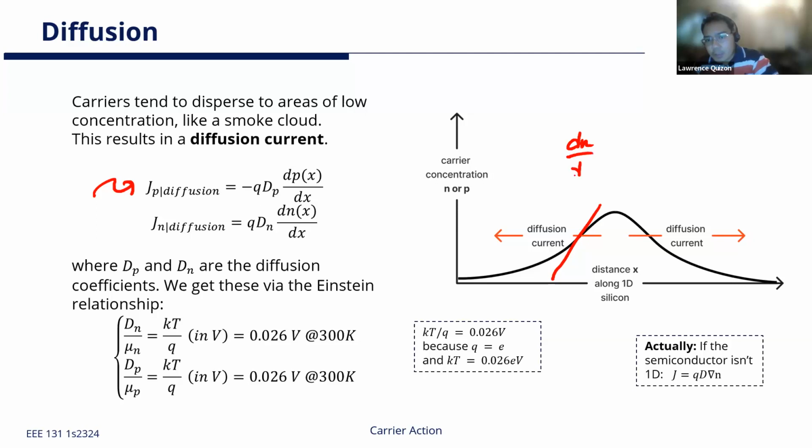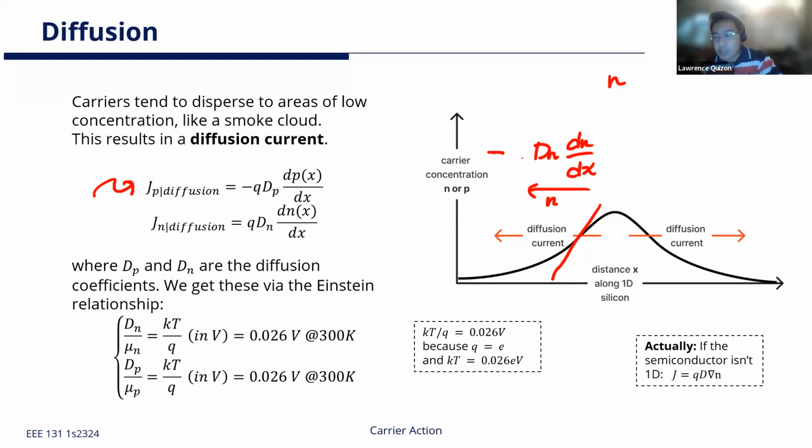So for example, if our carrier was electrons again, then since the slope is positive, and the direction of movement of our electrons is like that, the effective movement of the electrons is negative D_n times dn over dx, right?